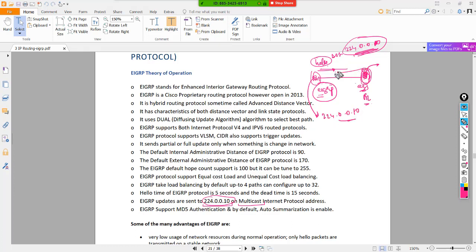As soon as a packet comes with this multicast IP as the destination, the router understands this is an EIGRP packet and processes it. Now what happens if you don't have this IP enabled? Your packets are going to get dropped, as simple as that.